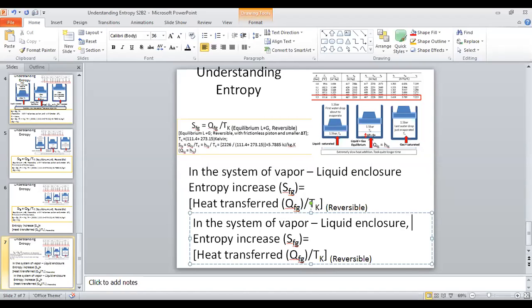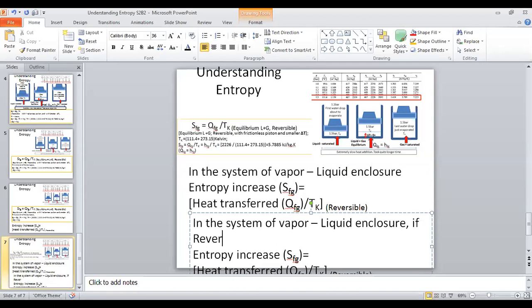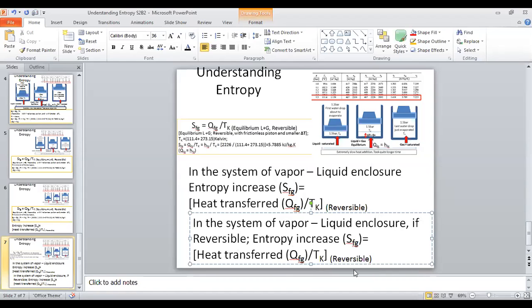For the vapor liquid enclosure, if reversible, the entropy increase is the heat transfer divided by T_K. So I took the reversible subscript out.